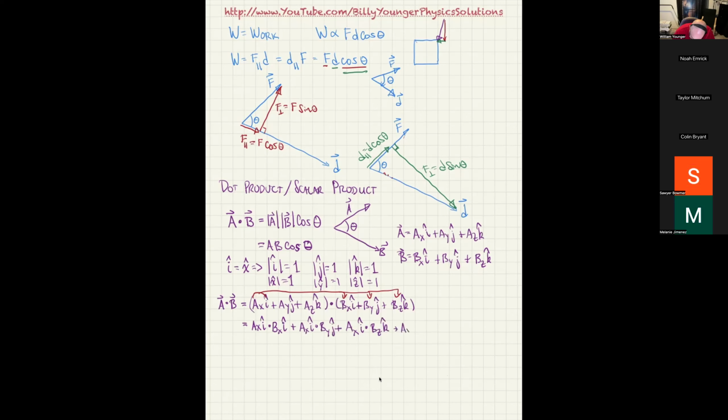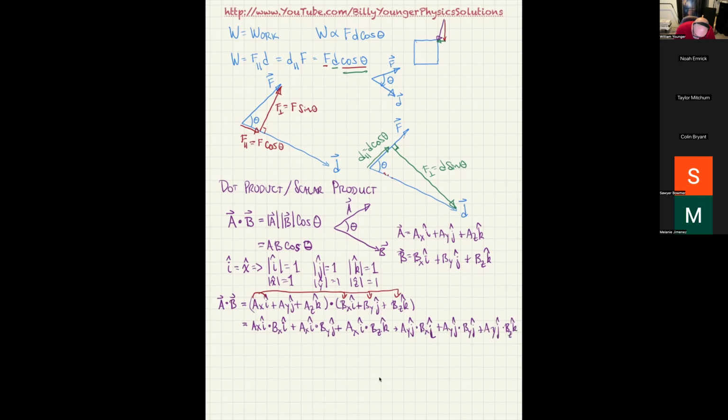So that's ay j hat dotted with bx i hat plus ay j hat dotted with by j hat plus ay j hat dotted with bz k hat.